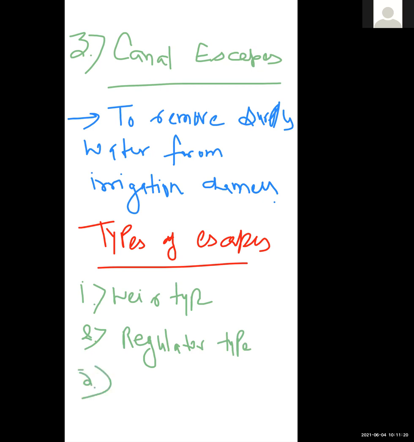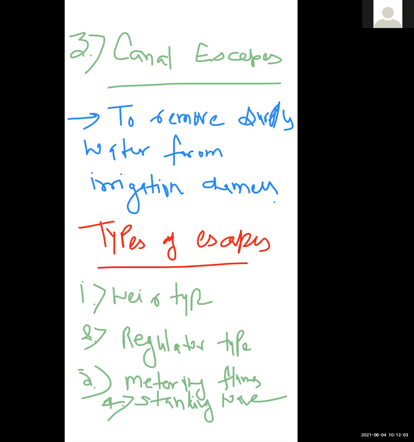Third is the metering flumes. Fourth is the standing wave flumes. These are the canal escapes constructed in different irrigation distributary systems.